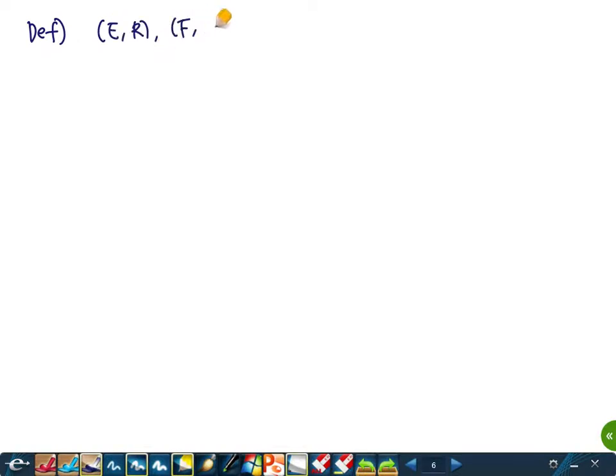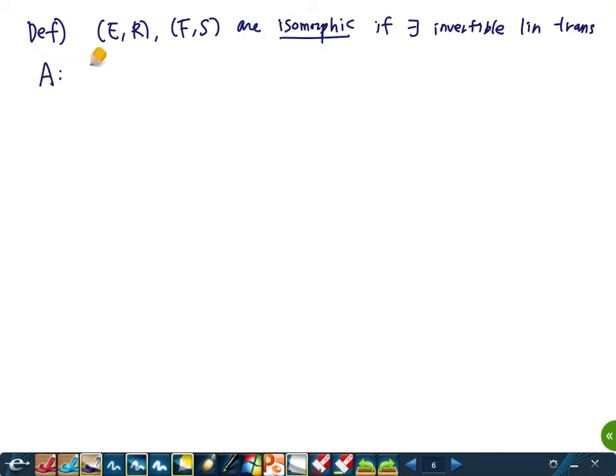Two root systems are isomorphic if there exists an invertible linear transformation, say A from the real vector space E to the real vector space F, such that it sends a root on one side to a root on the other side. So we expect to have this property.